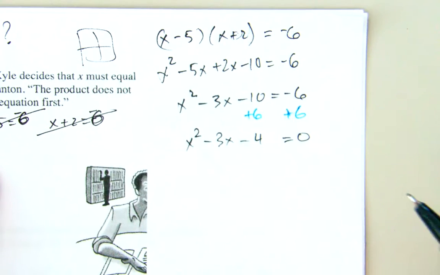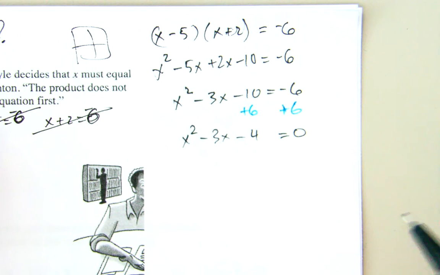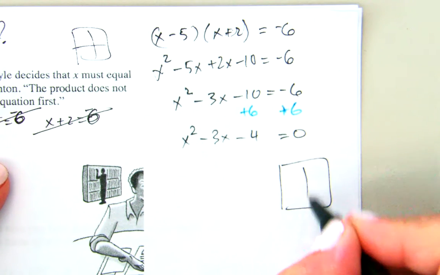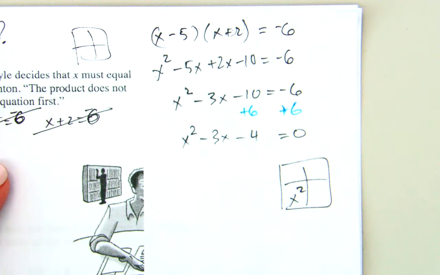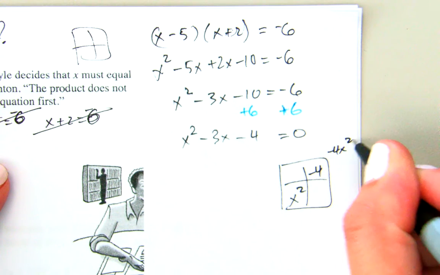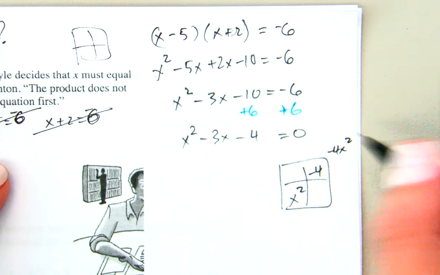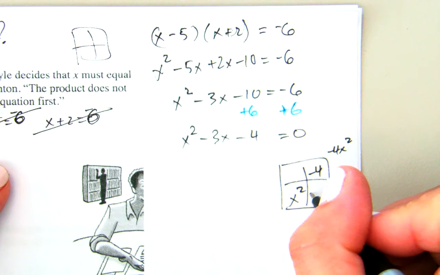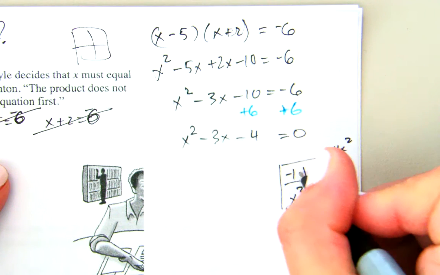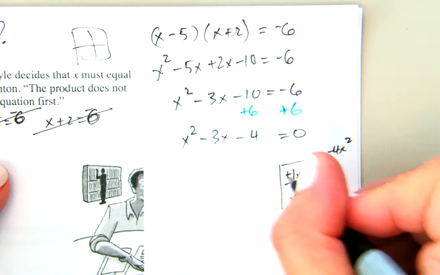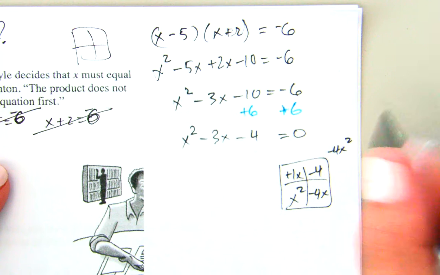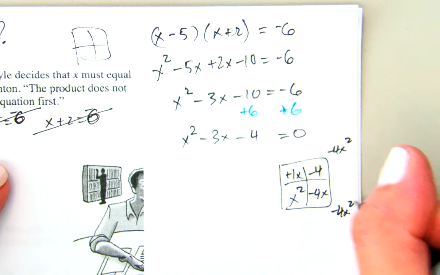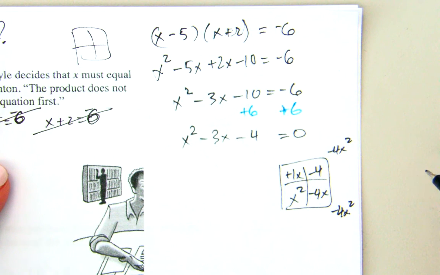Okay, so now I'm going to try to see if we can factor this. Is this factorable is the question. So we have an x squared, we have a minus 4, so that's negative 4x squared. Can I think of two numbers that multiply out to negative 4 but added together give you negative 3? Oh yeah, negative 4 and positive 1.